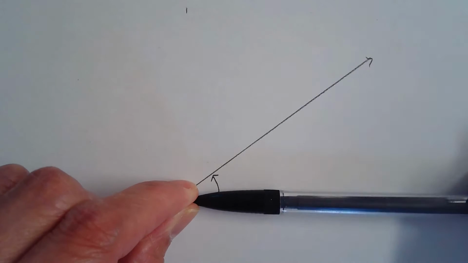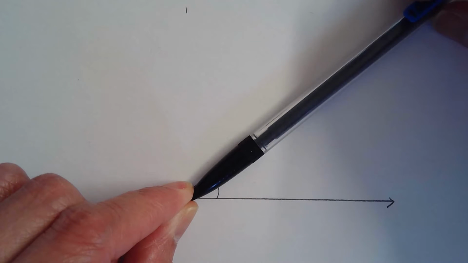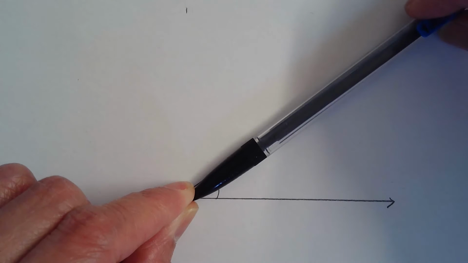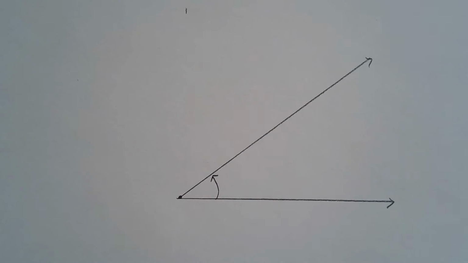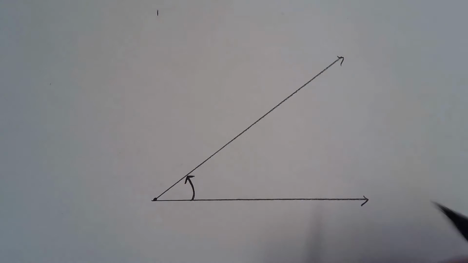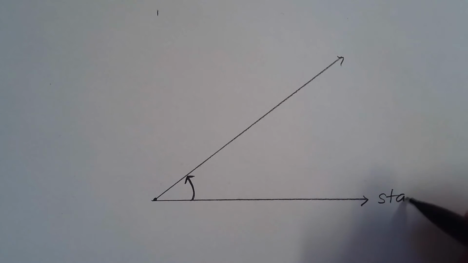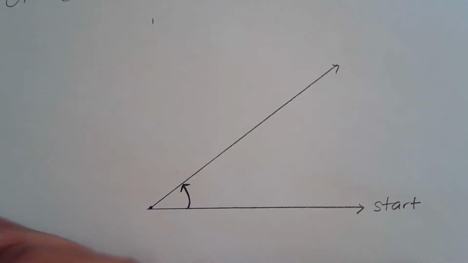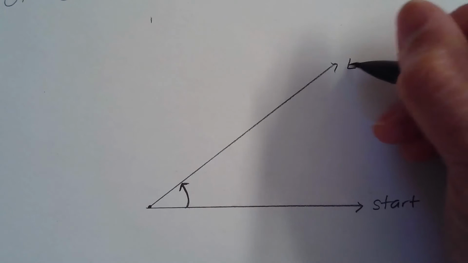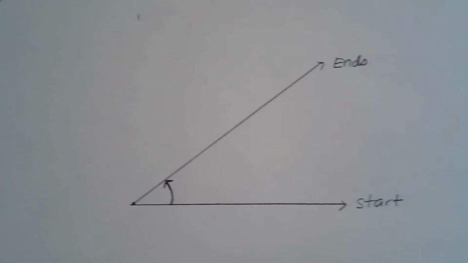The only thing that moves is when you actually swing the door over that way. So this is the angle there. That's where it swings. So there's a start, and then when you swing to that side, that's where it ends, right?